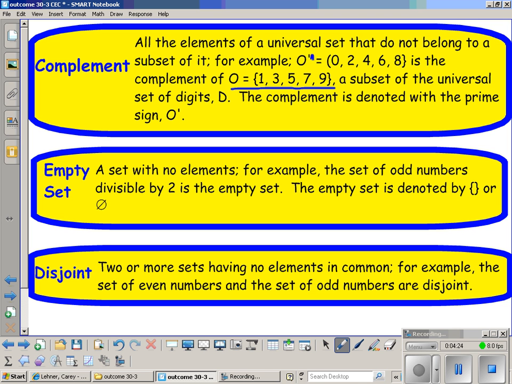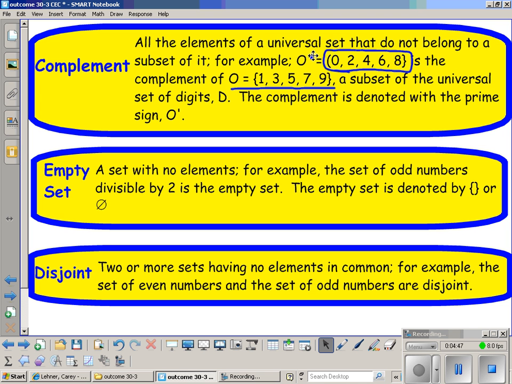So when we're thinking about all of the digits, the complement is those that are not in the set O. So the 0, 2, 4, 6, 8. These are the complement because they are the parts that were not in the subset we were talking about. We will do a number of examples with this, so that hopefully you will catch on to what we need to do.